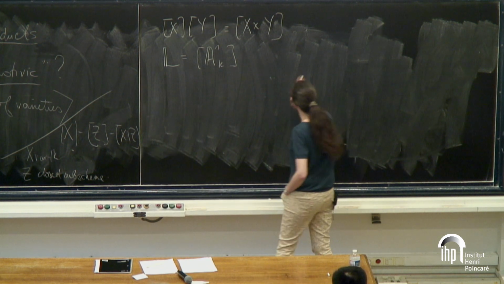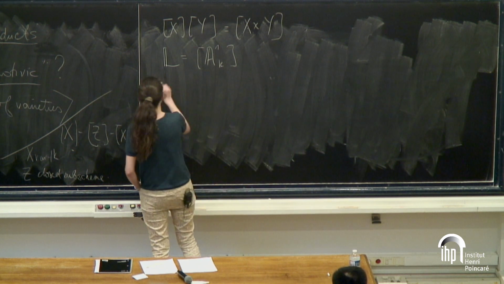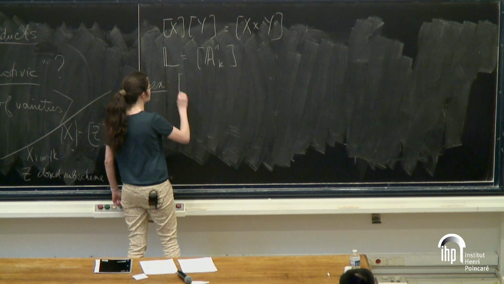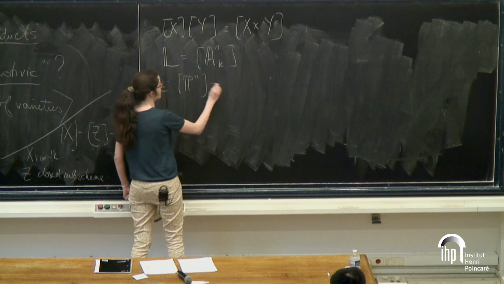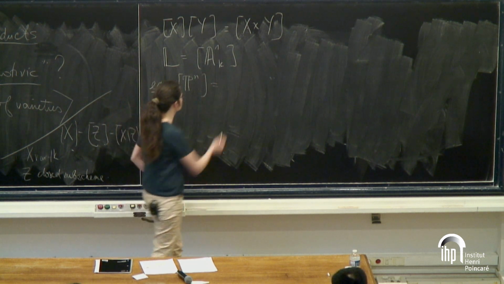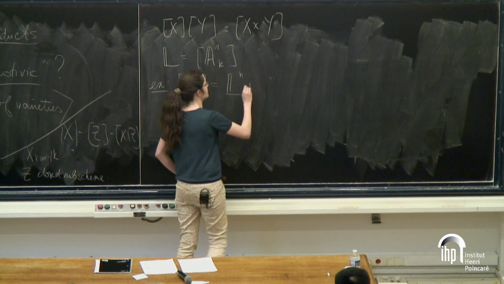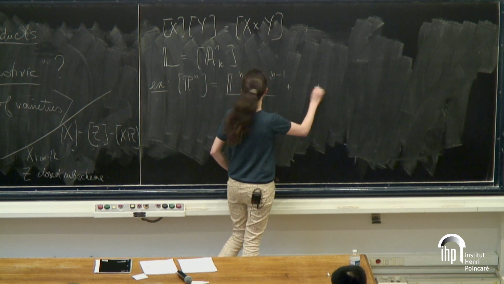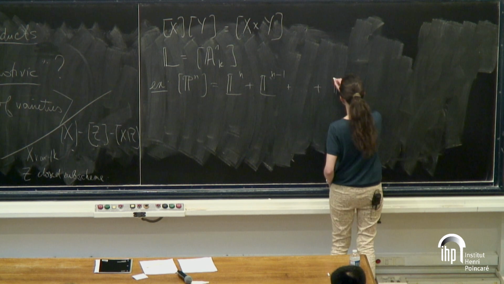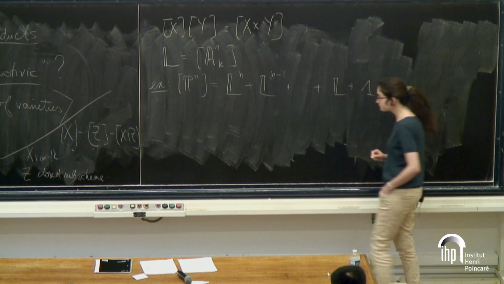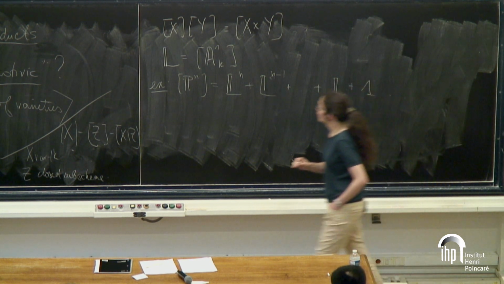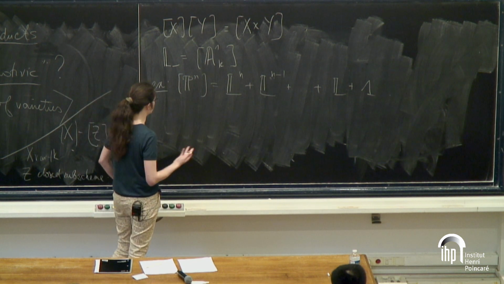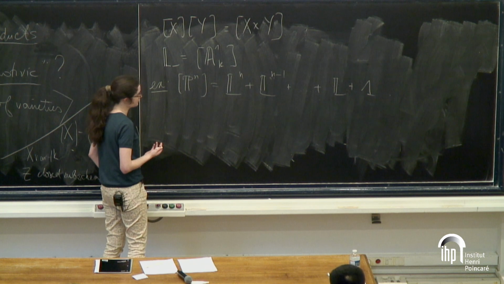In terms of this class, for example, the class of the affine space of dimension n will be L to the n, and the class of the projective space of dimension n will be this funny geometric sum of ratio L. This element L is a zero divisor in the Grothendieck ring of varieties.